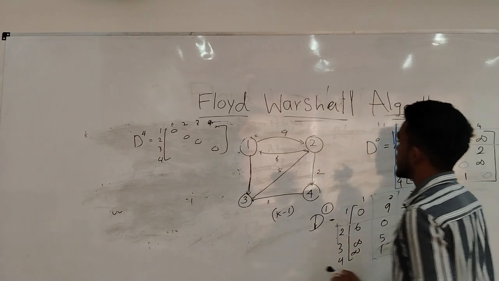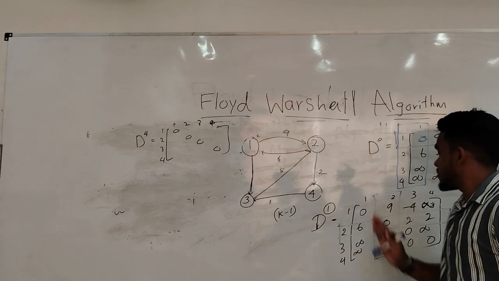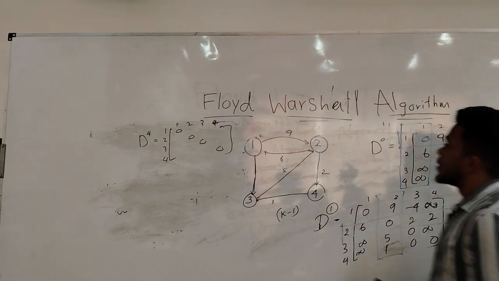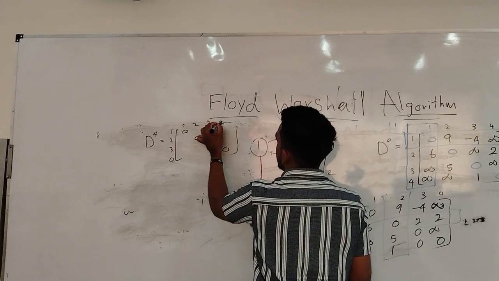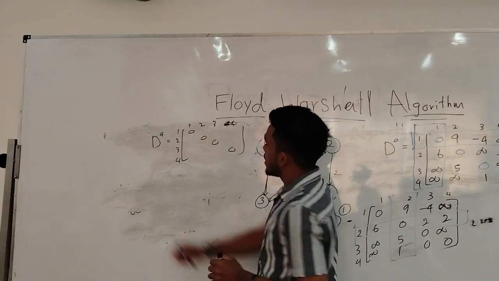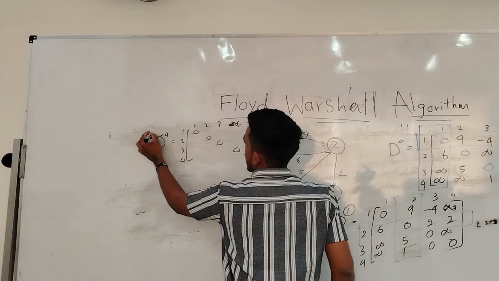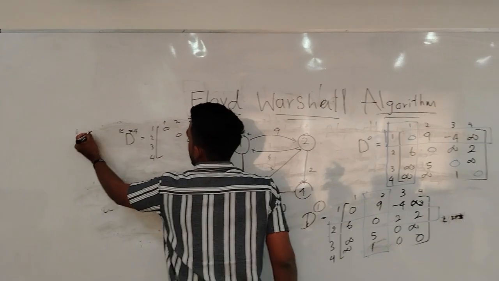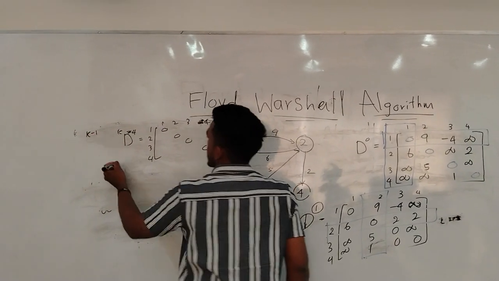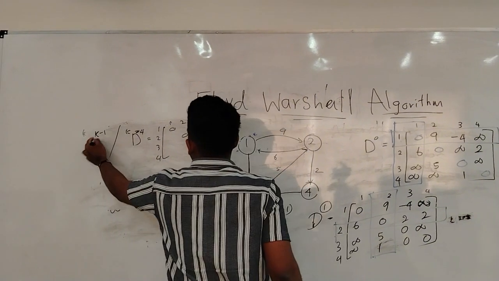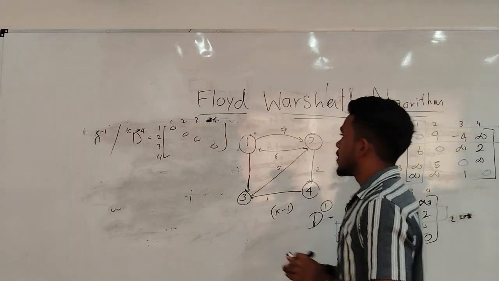So now we are using 4 as the intermediary path. If this is k, the base value should be k minus 1. So the base would be 3.